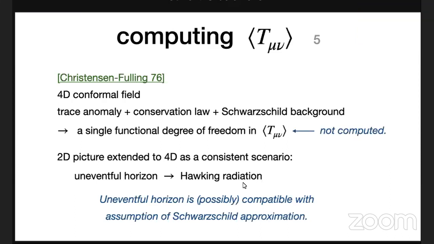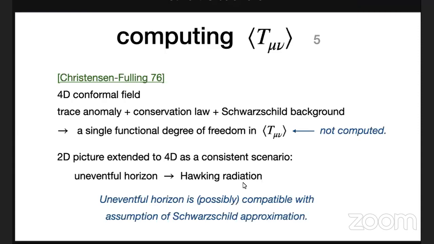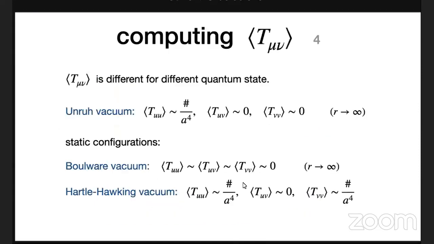Can I ask a question? Yes. We have this Boulware vacuum or Unruh vacuum as two choices, and so this choice of vacuum, can one view that as a choice of boundary condition at infinity, or how can one understand this choice of vacuum?